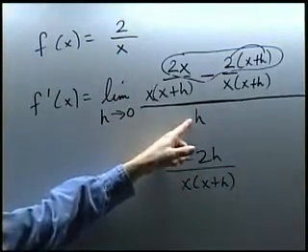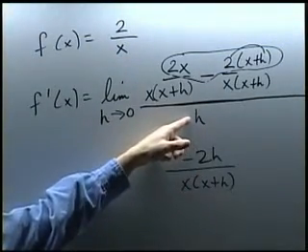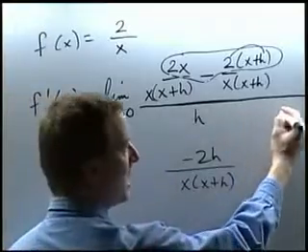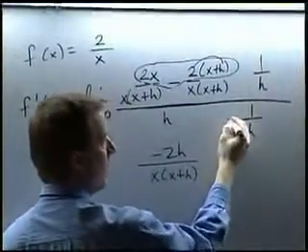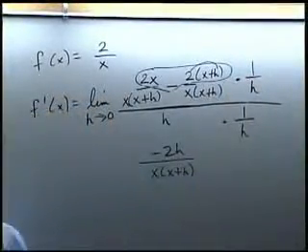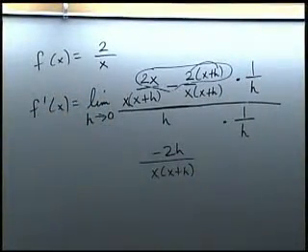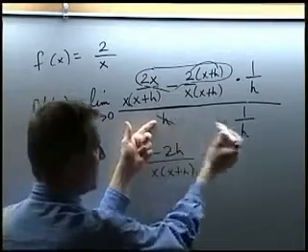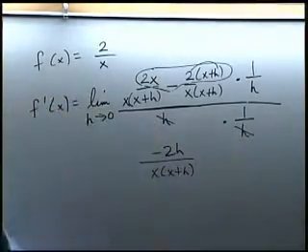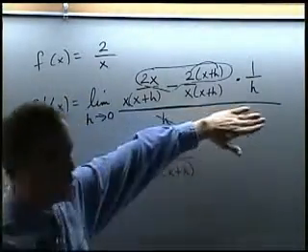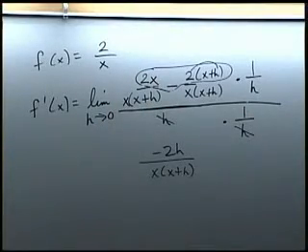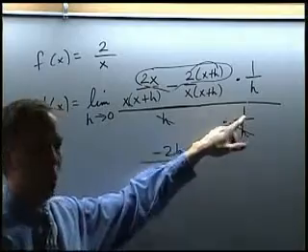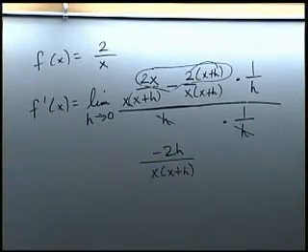If I want to get rid of this h in the denominator, I can multiply both the numerator and the denominator by 1 over h. My purpose in doing that is because now the h's will cancel in the denominator, and so I have eliminated this whole piece below the big division sign. It's now all just divided by 1, and we don't have to write division by 1.